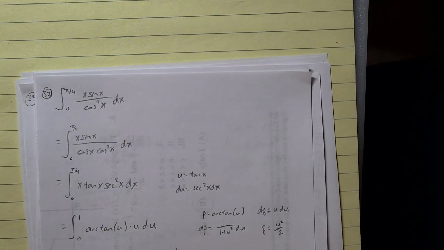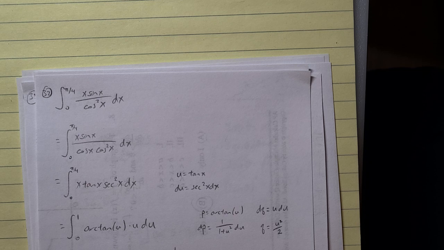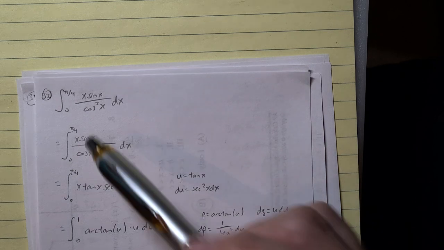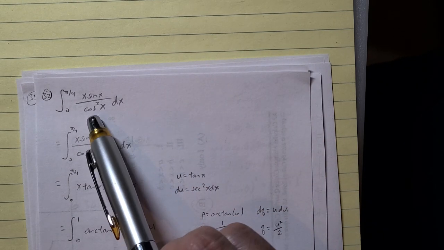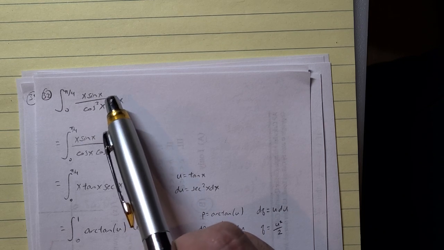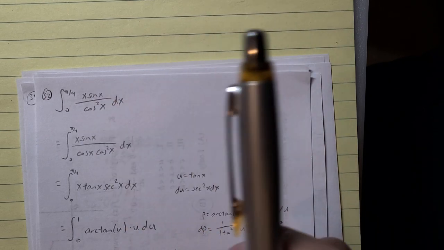Next, we have this integral from 0 to pi over 4, x sine x over cosine cubed x dx. I first thought, let's change it to maybe be in terms of tangent and secant.